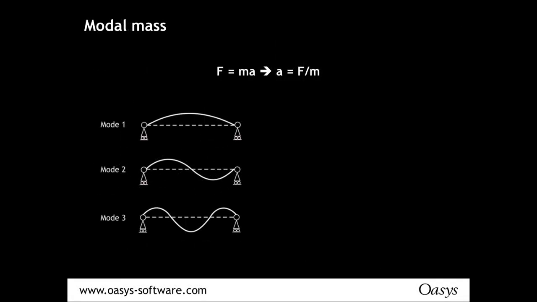Now, the response of a structure is not just dependent on the frequencies of the vibrations and the impact forces, but also on the mass of the floor, or more particularly the modal mass of the floor. In simple terms, the modal mass is the mass of the floor which is vibrating with that particular mode. So, for example, if you take this mode one here, the modal mass of that mode is half the actual mass of that beam.